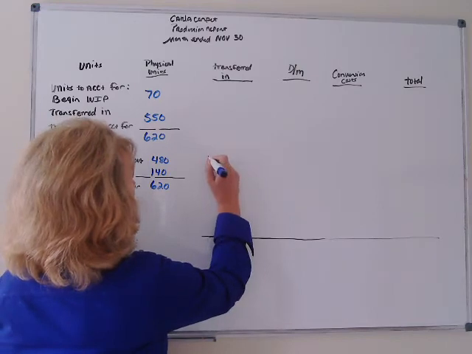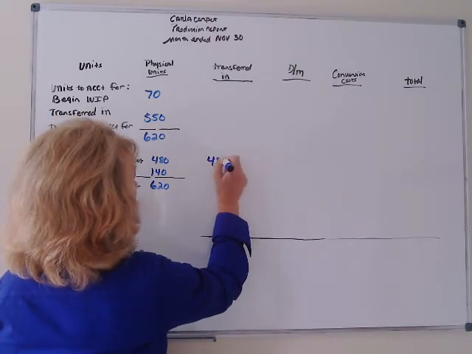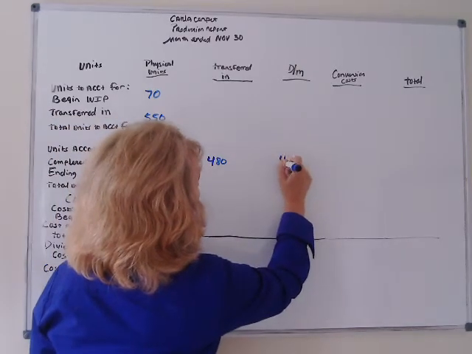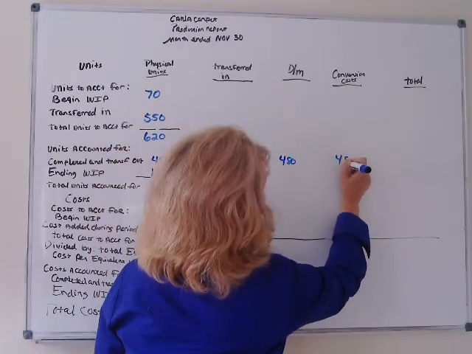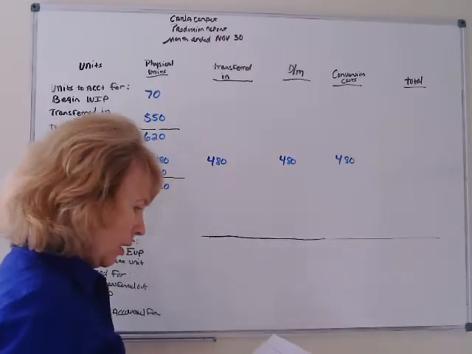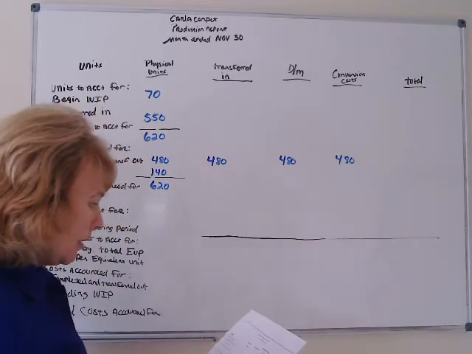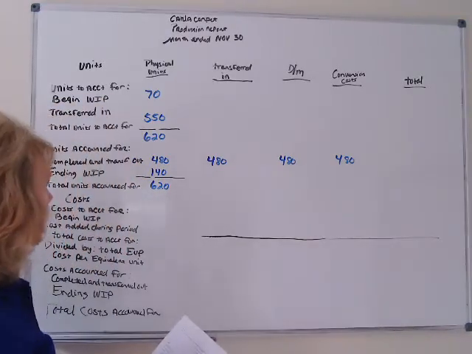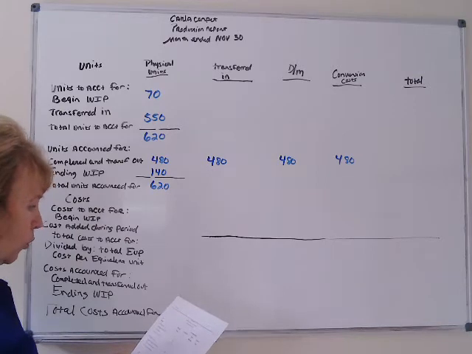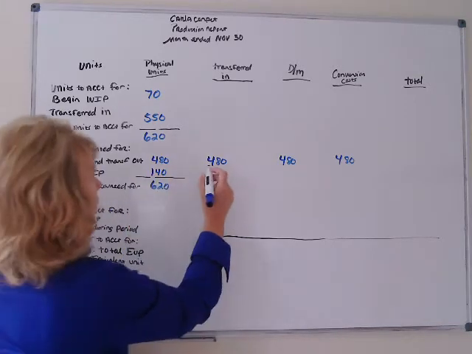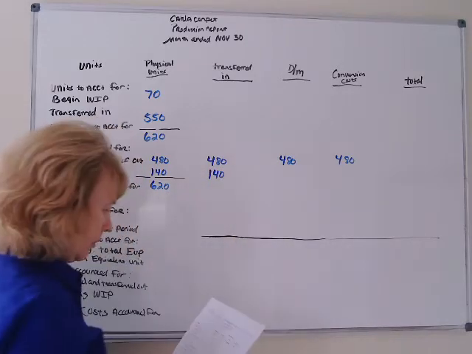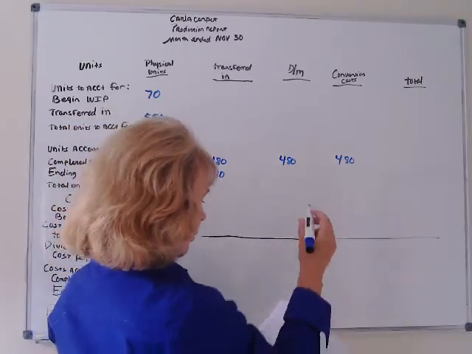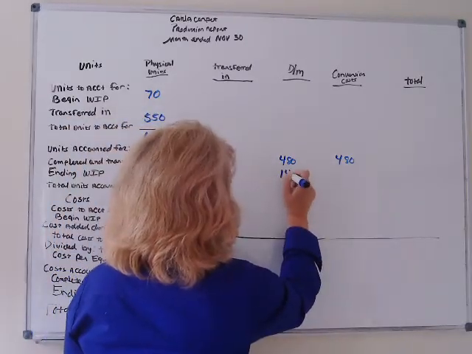This is at 100%, 480, 480, 480. Then the ending work in process. I am just going to work from here. Transferred in is 140. The direct materials is 140.